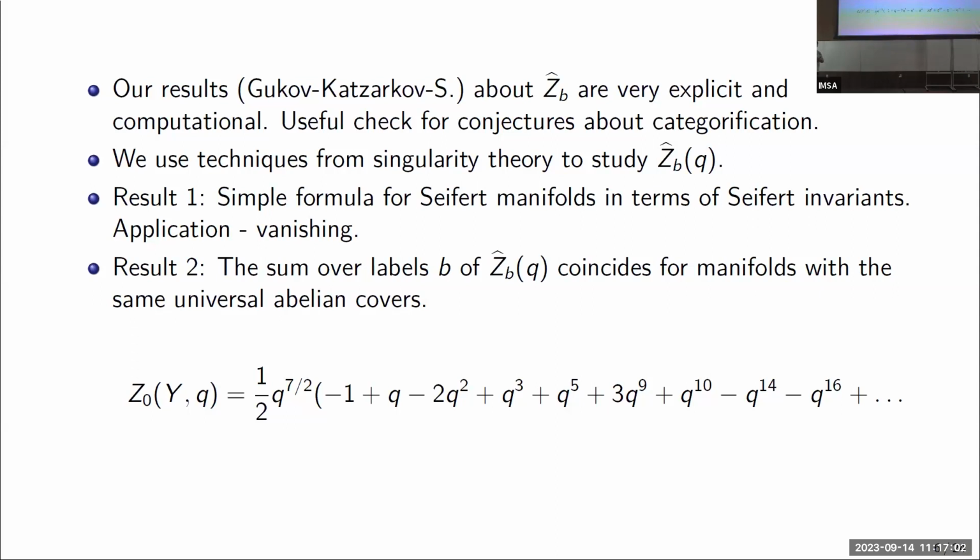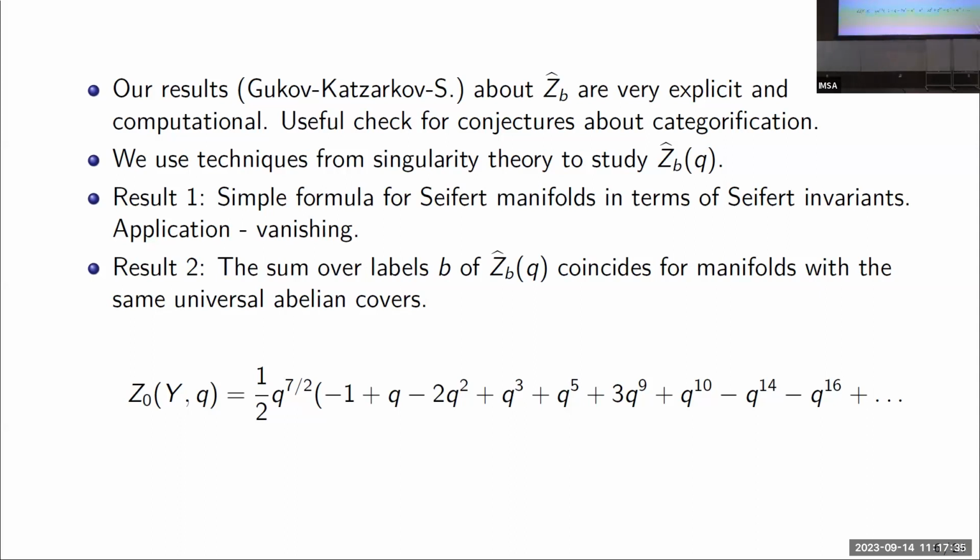So we looked at various papers in singularity theory and wanted to see if the techniques can be applied to the Z-hat invariant. So the first result is that there is a nice, very simple formula for Seifert manifolds, which are links of quasi-homogeneous singularities. So we had in previous talks quasi-homogeneous singularities. So their links are Seifert manifolds, and we can simplify a lot the formula for this invariant in this case.